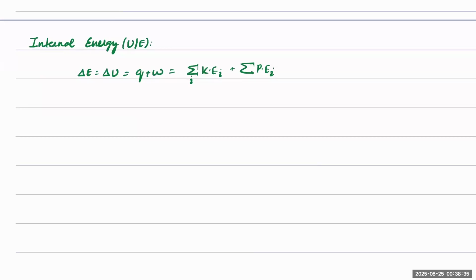The other day I defined this as the summation of all sorts of kinetic energies and the summation of all sorts of potential energies that it possesses. This is about internal energy.